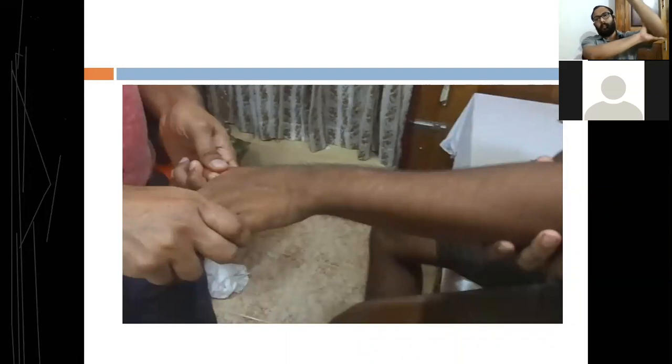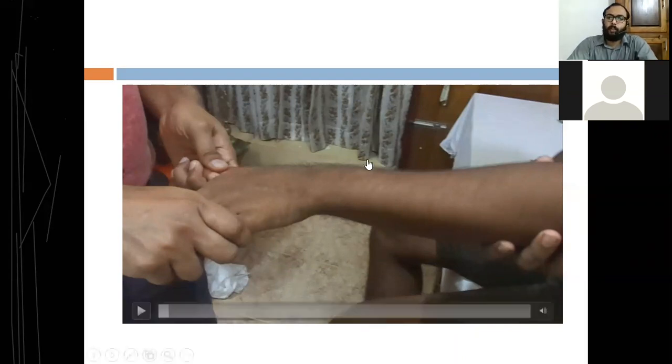Actually, this is a particular application of murmur. If we give counter traction over the cubital fossa, then the pain of this particular reduction maneuver will be reduced up to 50%.